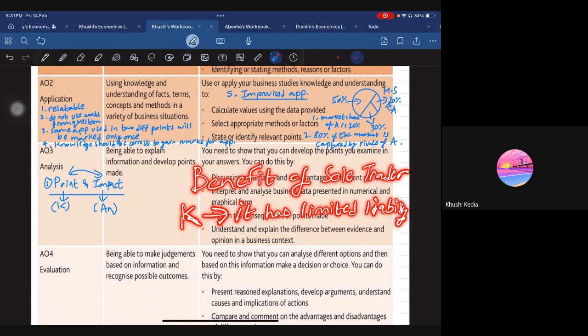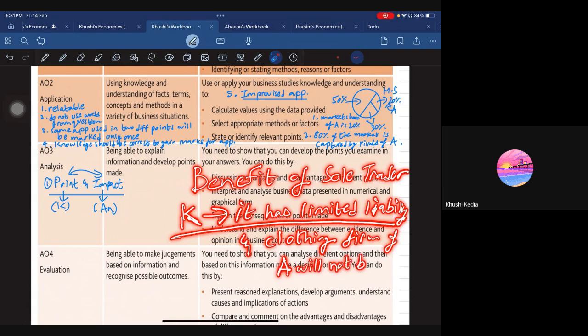So if you write that it has limited liability and the clothing firm of, let's say, whoever the businessman was, let's suppose A, will not be at major risk, if you write like this.